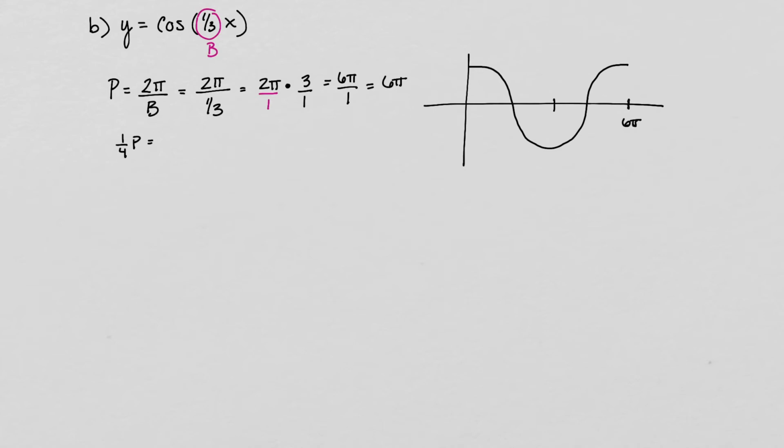So again, we're labeling these places. 1/4 of p is going to be 1/4 times 6 pi. 2 goes into 4 2 times, 2 goes into 6 3 times. Remember, you can always think of this as 6 pi over 1. So on the top, I'm going to be left with a 3 pi, and on the bottom, a 2. So this is 3 pi over 2 is that first spot.